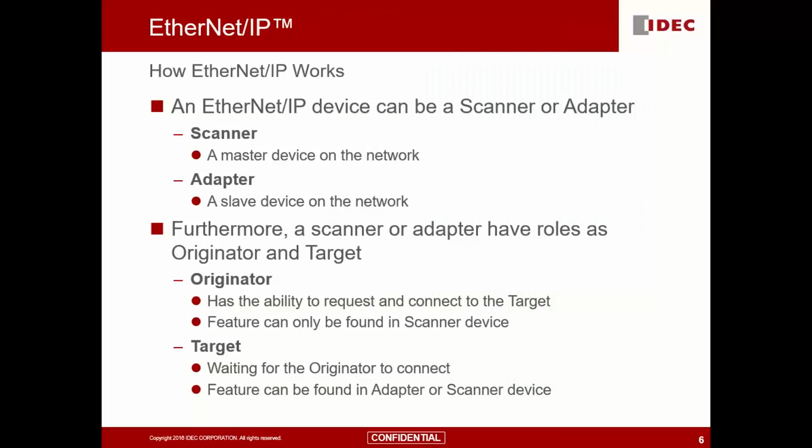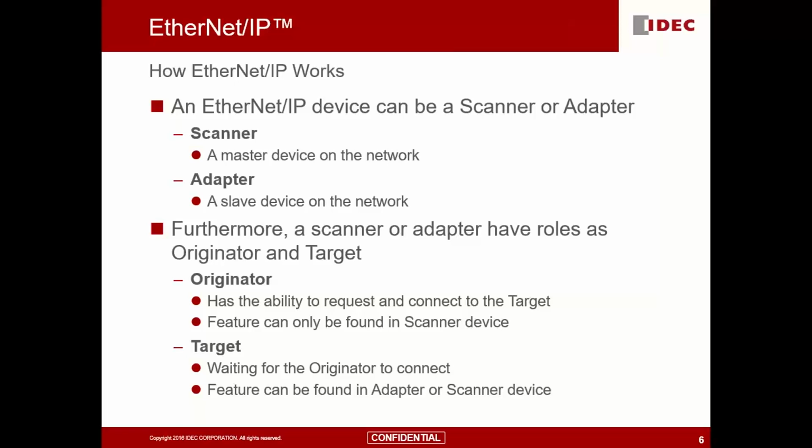Going back to EtherNet/IP, an EtherNet/IP device can be categorized as a scanner or adapter. Just to give you a quick warning, there will be a lot of abbreviations and a lot of new terms that we're going to use.